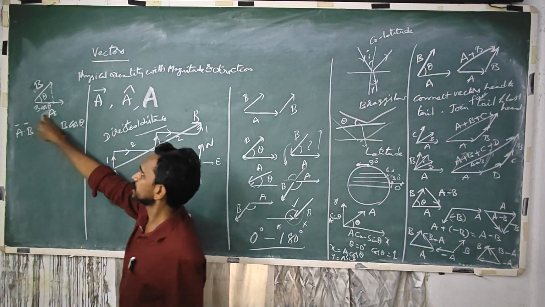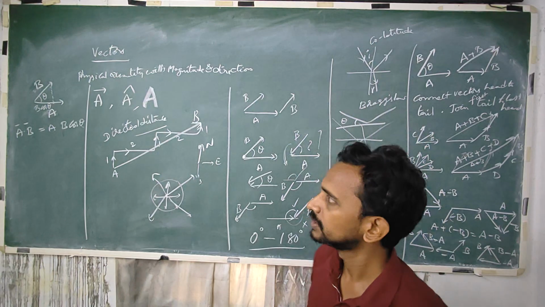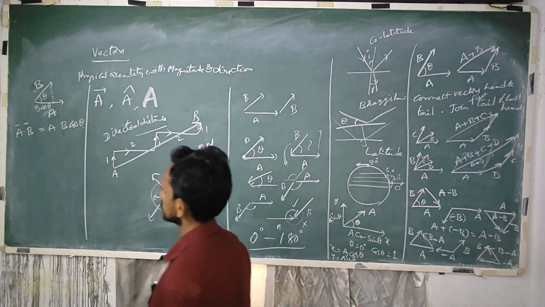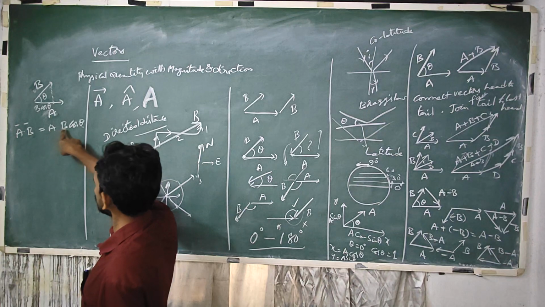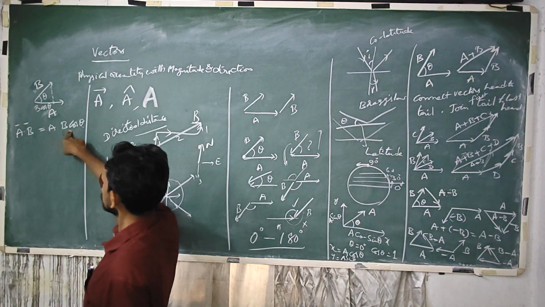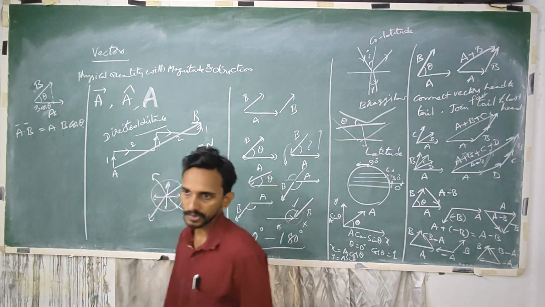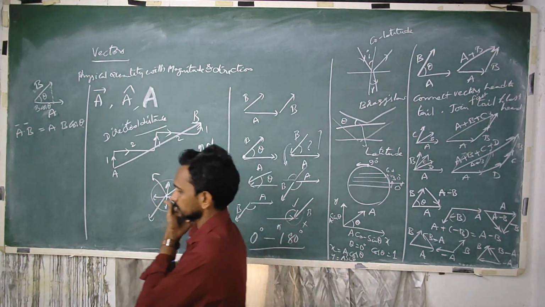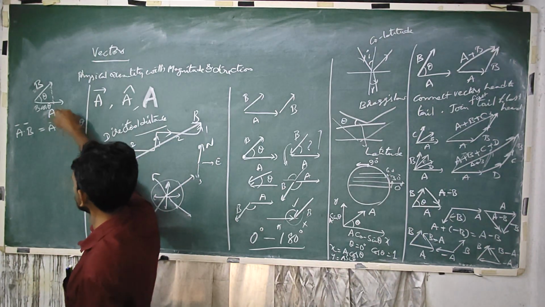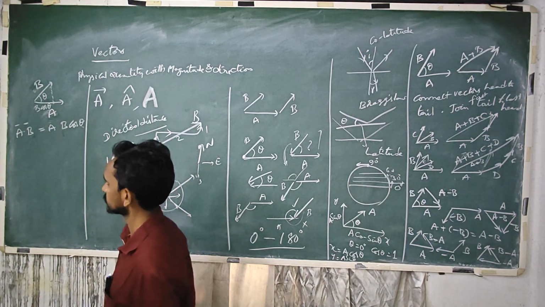So you have to multiply that with A. To get the dot product of A and B, you take the component of B along A and multiply. So it is just a number. I mean, you won't get any direction for that.